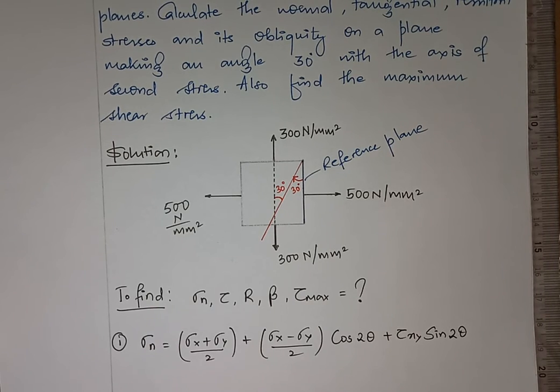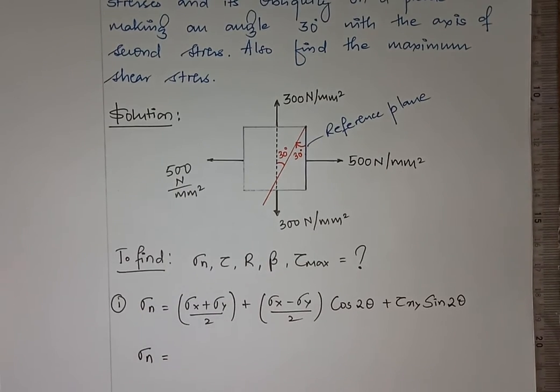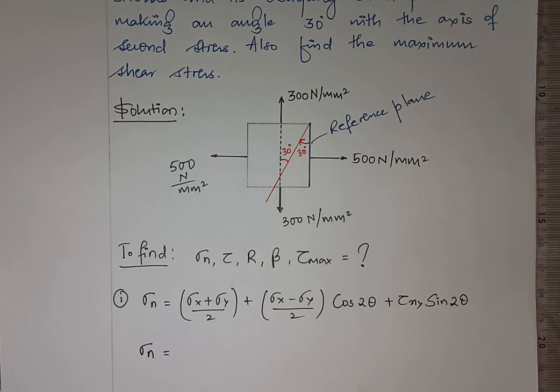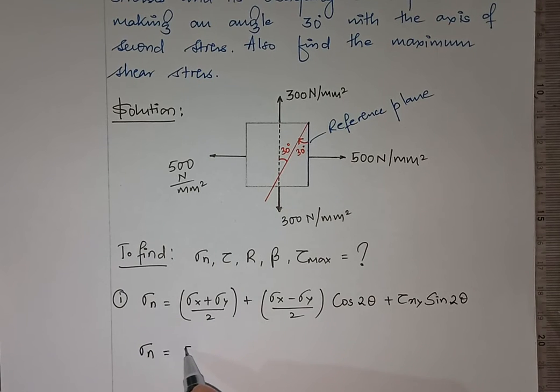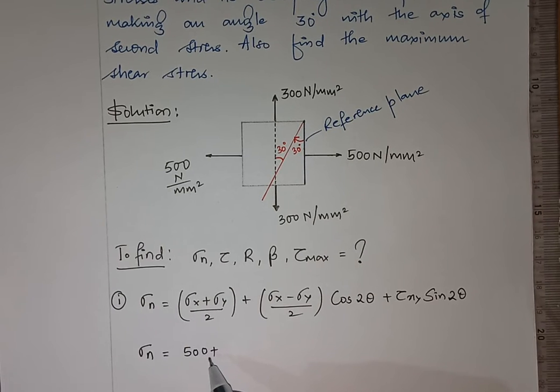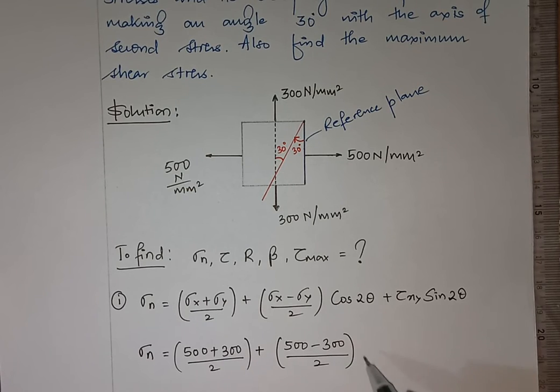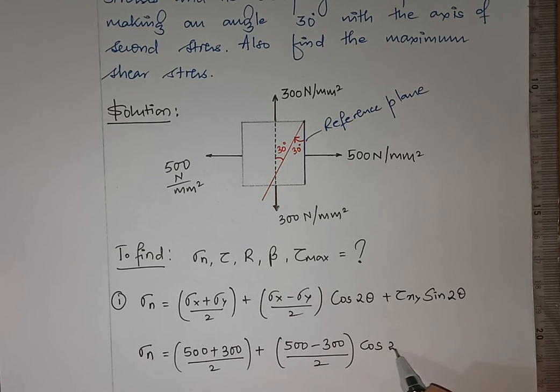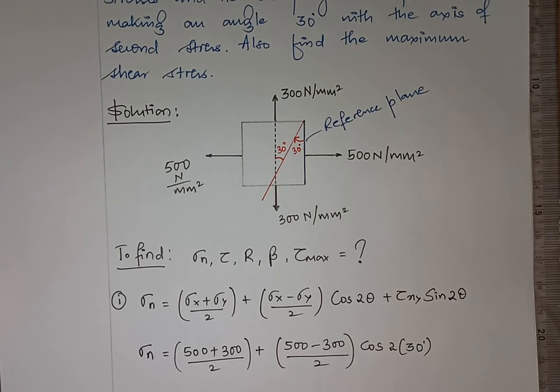Now I come back to this and substitute the values. Sigma n is equal to sigma x plus sigma y. Both are tensile, so it is 500 plus 300 divided by 2 plus 500 minus 300 divided by 2 into cos of 2 into theta, which is plus 30 degrees.